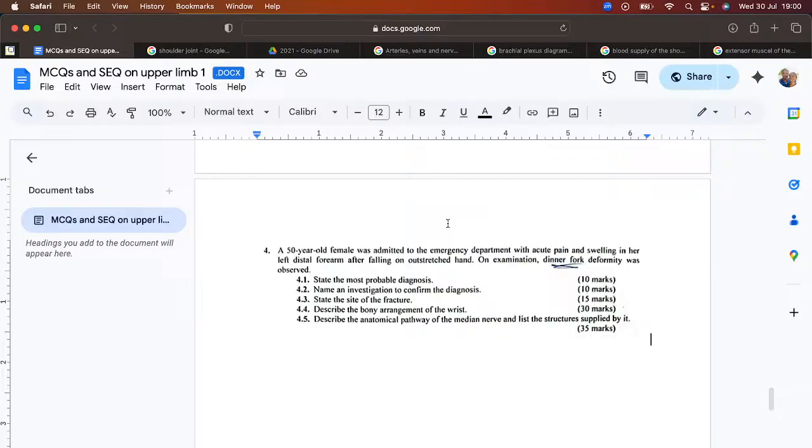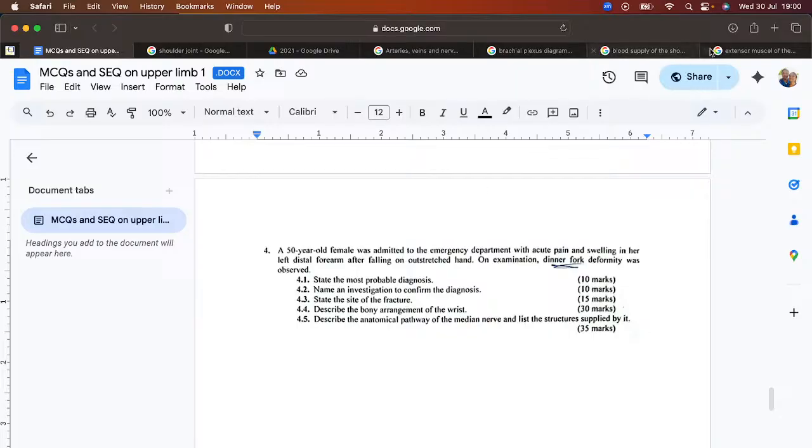If you fall on an outstretched hand, it's going to be a Colles fracture. If you fall on a flexed wrist, it's going to be a Smith's fracture. And whenever they say dinner fork deformity, it will always be a Colles fracture. So you have to remember this link between outstretched hand, dinner fork deformity, and Colles fracture.